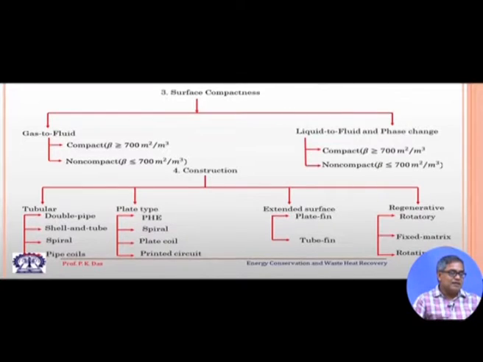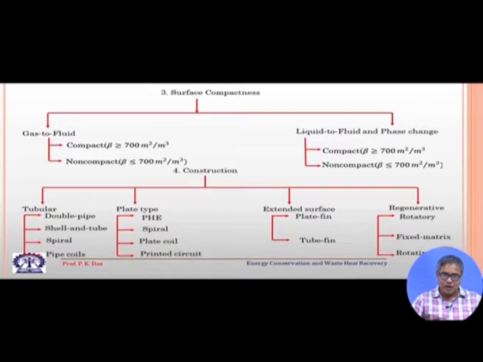Then extended surfaces. Extended surfaces are heat transfer augmentation devices, commonly known as fins. Many of us have seen the radiator of a car. In the radiator of a car you will find these fins or extended surfaces.